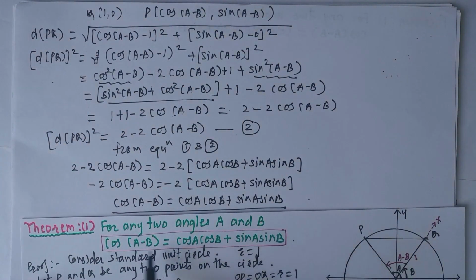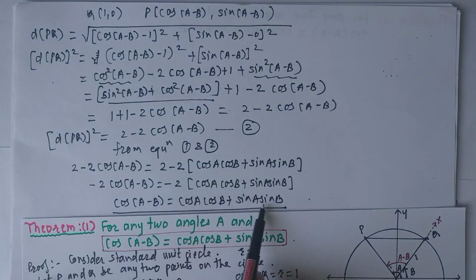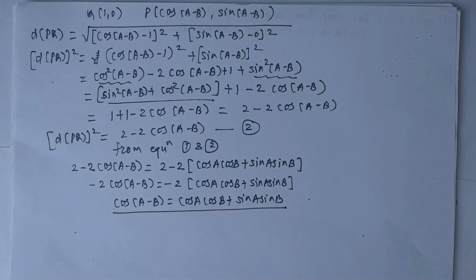For any two angles A and B, cos(A minus B) is equal to cos A cos B plus sin A sin B, and we have got that. In this way, we have proved the theorem.